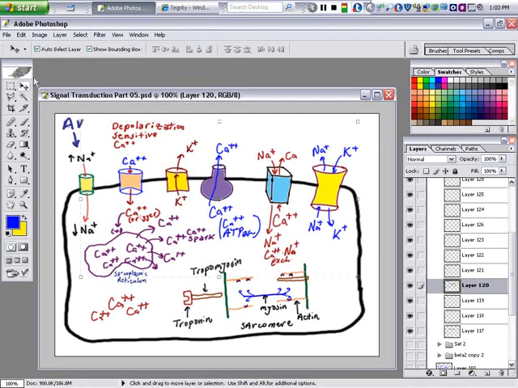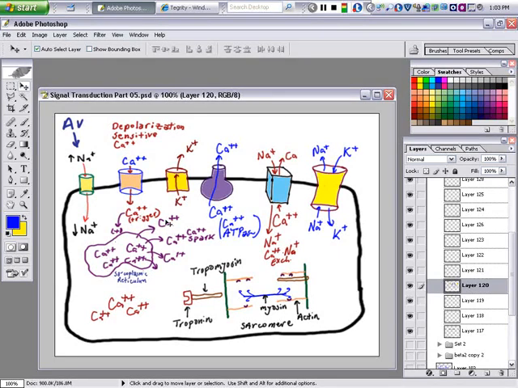So, during systole, when it's time for the ventricles to contract, the AV node is going to send out an electrical impulse. It's going to cause this cell to depolarize. Sodium is going to rush in. These calcium channels are going to sense that and allow calcium to come in. That's the calcium trigger. That calcium trigger is going to activate those calcium reservoirs, and they're going to release their calcium.